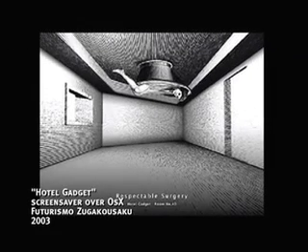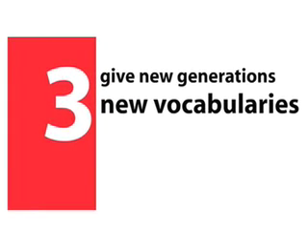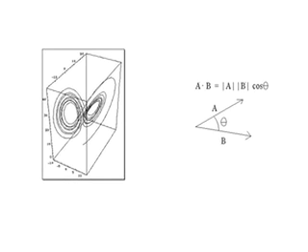Finally, the third thing that happens when you simplify technology, you give new generations new vocabularies. Remember the Zeno paradox and how it used to seem complicated and now it's just a child's game? Now just think about complex systems, think about chaos theory, think about 3D vectors. Do you think they are complicated?